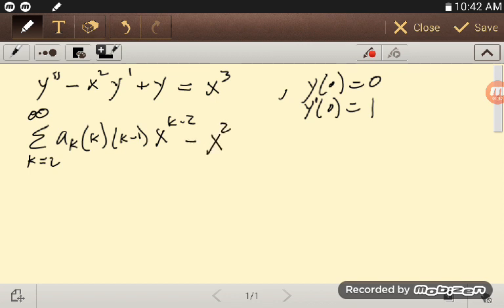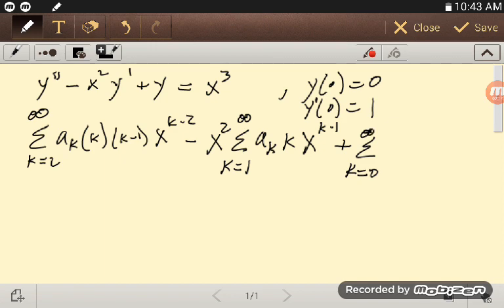Minus, we've got an x squared out here this time, times our y prime, the sum k equals 1 to infinity, a sub k times k times x to the k minus 1, and then plus the sum k equals 0 to infinity, a sub k x to the k, and equals 0.